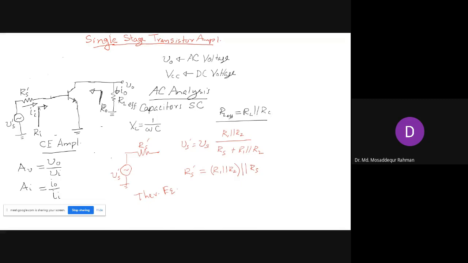So this is how we can simplify the whole circuit into this simple circuit where we have the transistor and the signal source with the source resistance RS prime and the load resistance RL. Any question, guys?